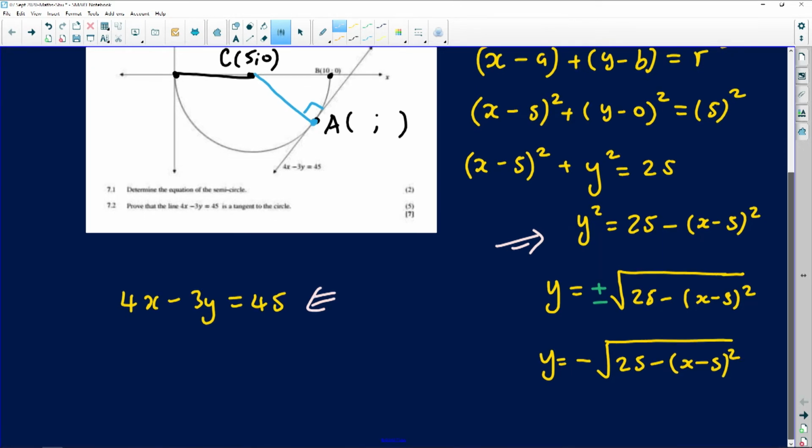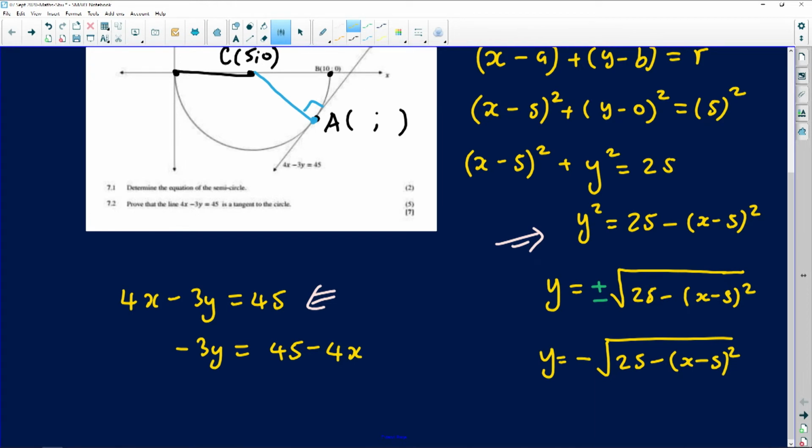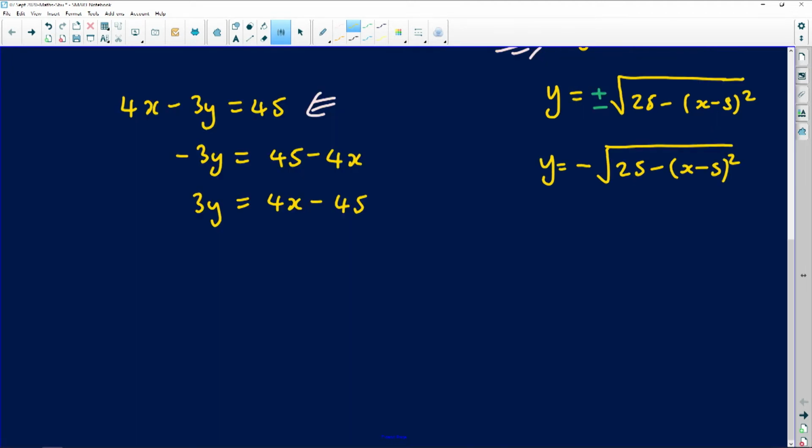For me to do that, I have to do a couple of manipulations. I'll leave my minus 3y on the left-hand side, and take 45 minus 4x on the other side. Then I'm simply going to divide everything by negative. I want this to be 3y is equal to 4x minus 45. Once I'm here, I want to square both sides, because I'm trying to get a y squared as well.